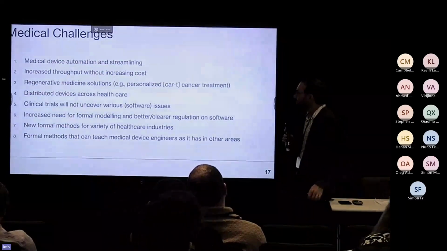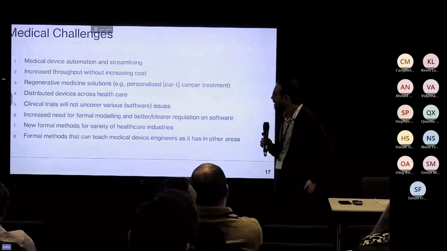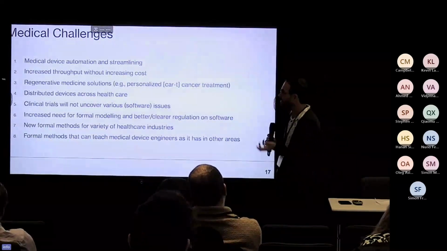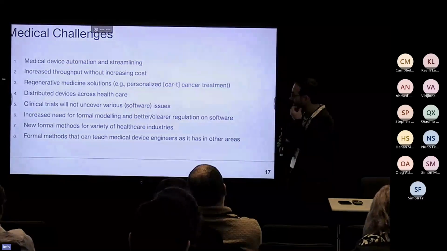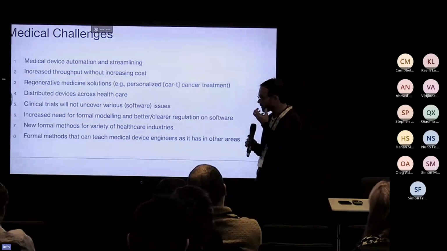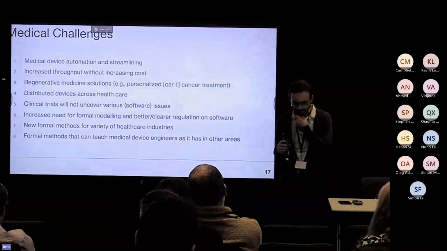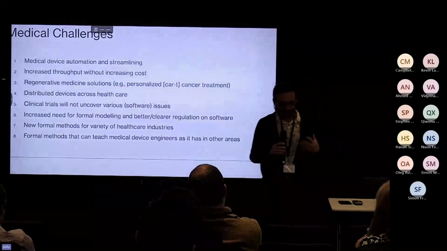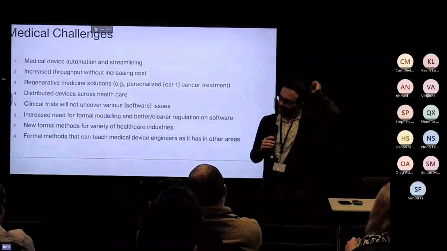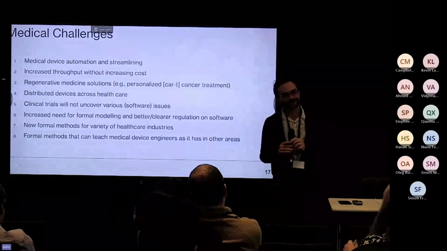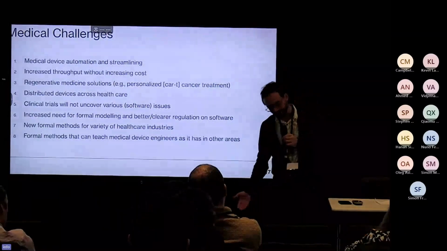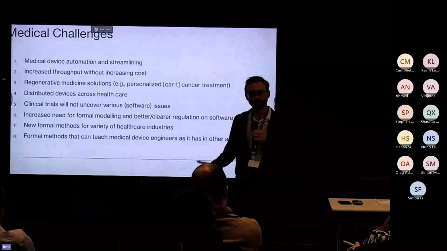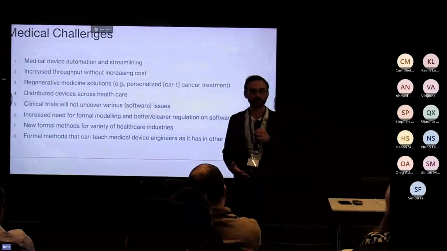Of course, there are medical challenges as well in terms of increasing throughput. How do we make money out of this? We want to avoid trial issues, and also the fact that clinical trials are not fit for purpose for software, which is something that I try to shout as loud as I can, because the circumstances under which software fails might never happen during a trial, in which case the trial is giving you a false warm feeling that your software is okay when it isn't.